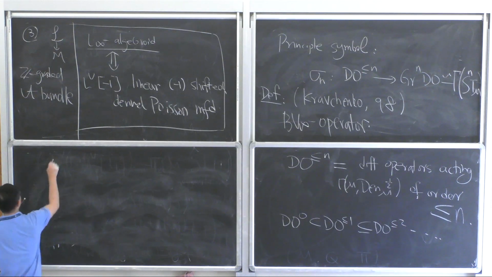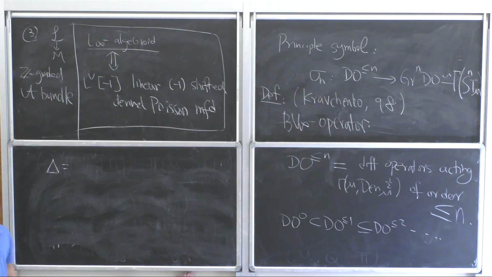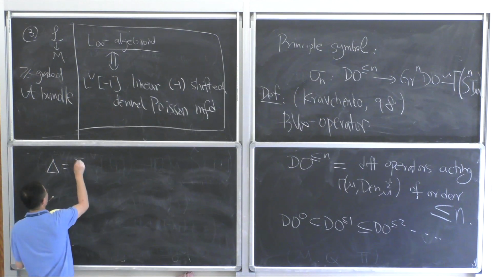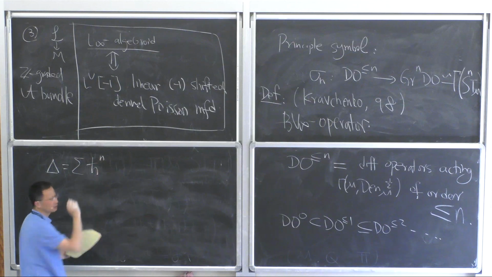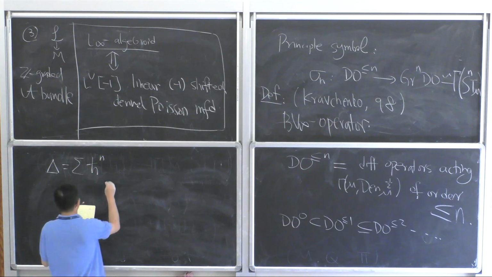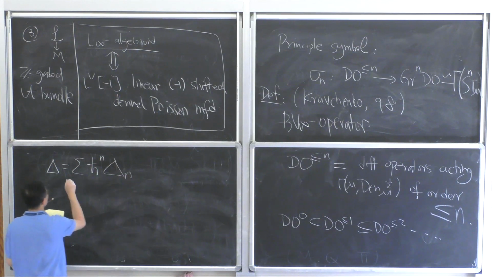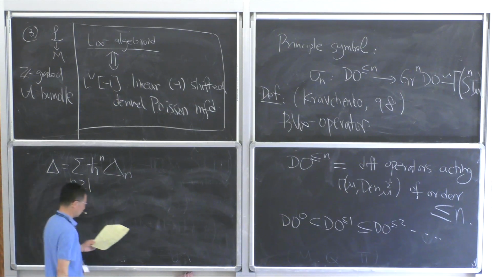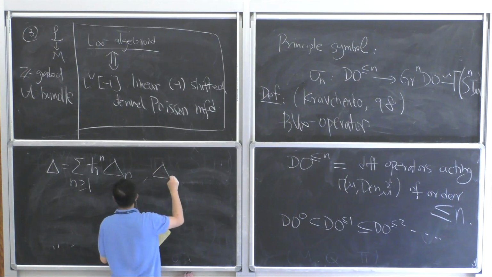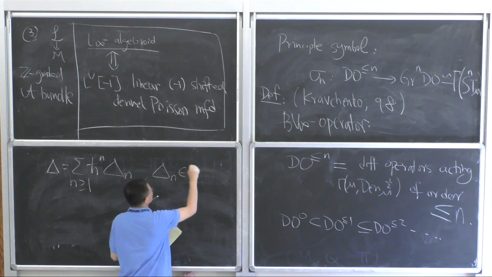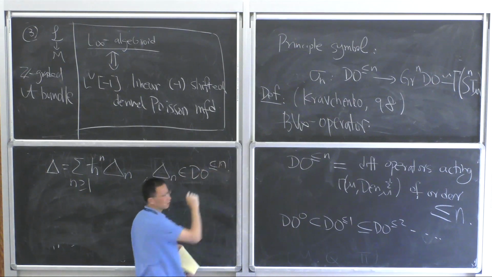So the definition is you have an operator. I'm going to put in the h bar here. And now each operator is of maximum order n.